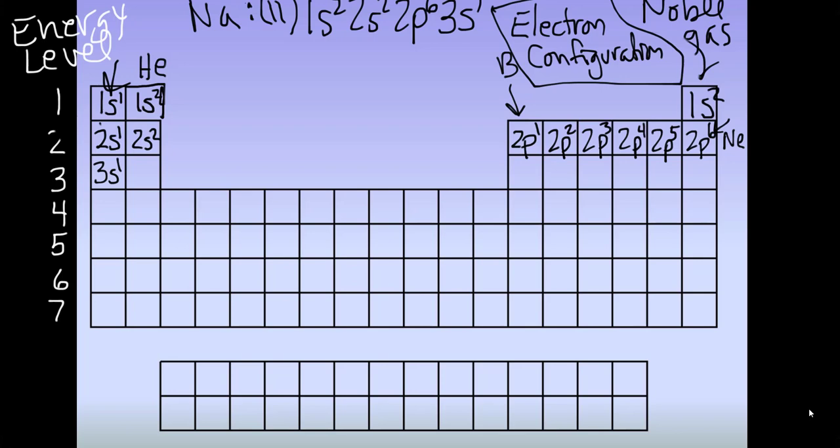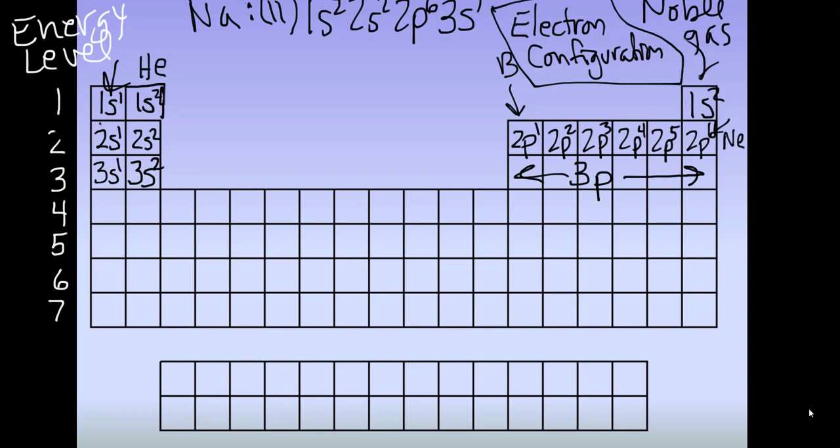So our atom is getting bigger. And can you predict what the element is going to end in next to it? You're right, 3s2. So I would know that I would continue the 3p's all the way across. So following the pattern of 3p1, 3p2, 3p3, 3p4, 3p5, 3p6.